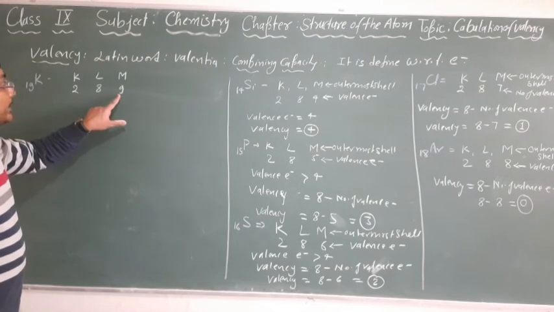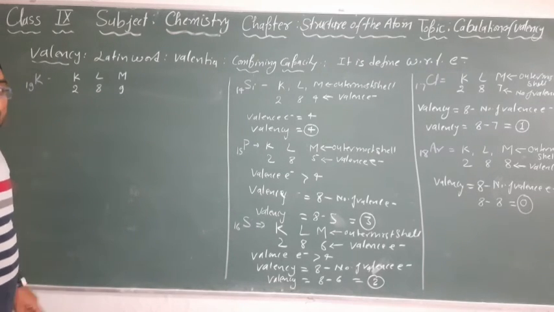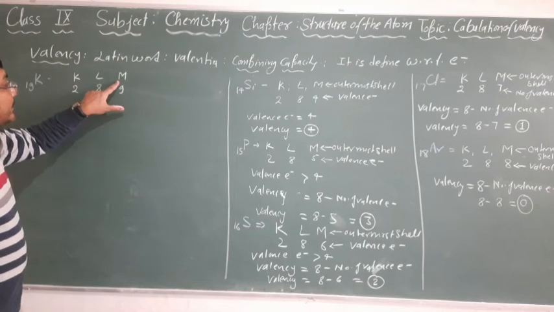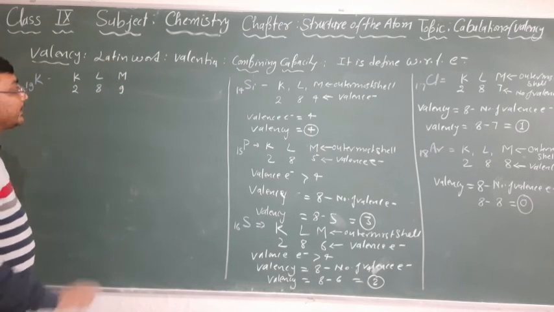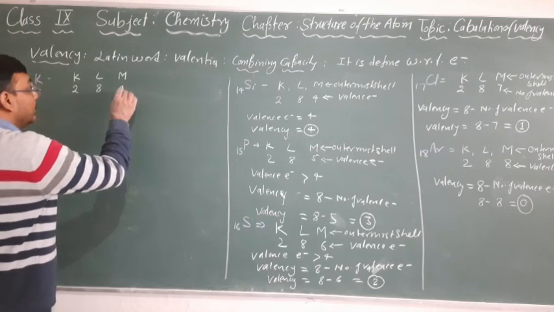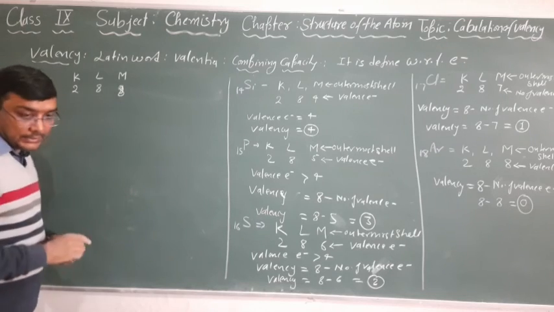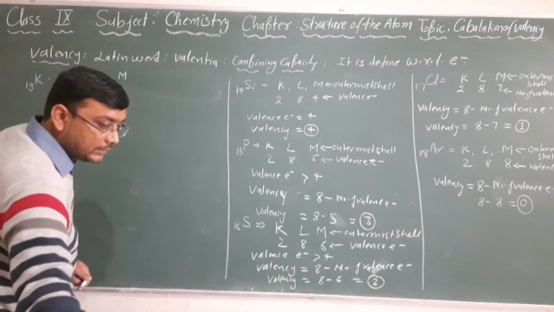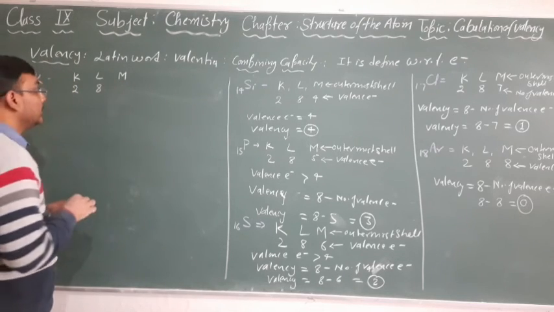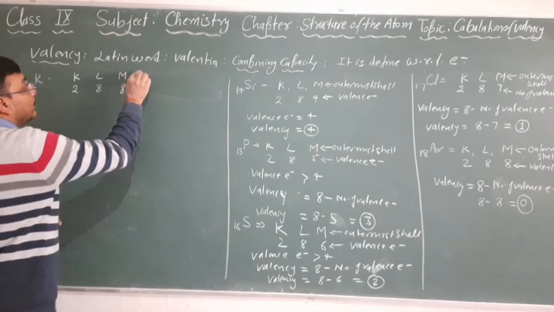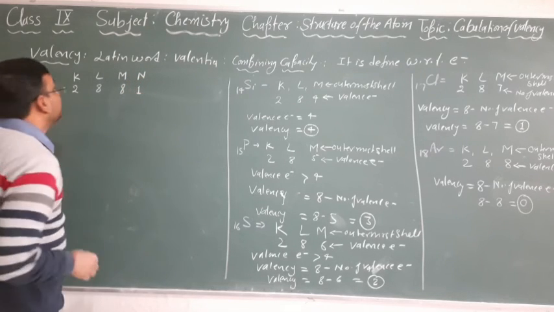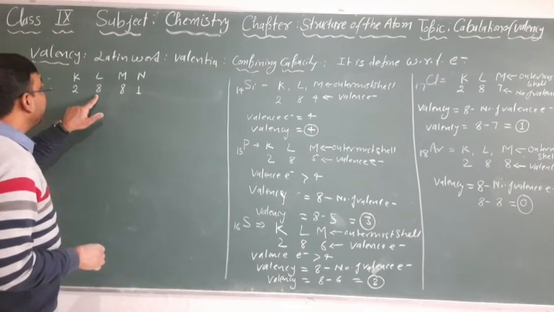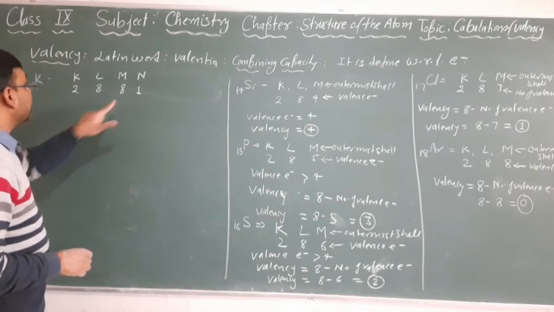No, because according to the octet rule, the maximum electrons in the outermost shell cannot exceed 8. So it has a maximum of 8 electrons. Then N 1. So 2, 8, 8 plus 1 is 19.